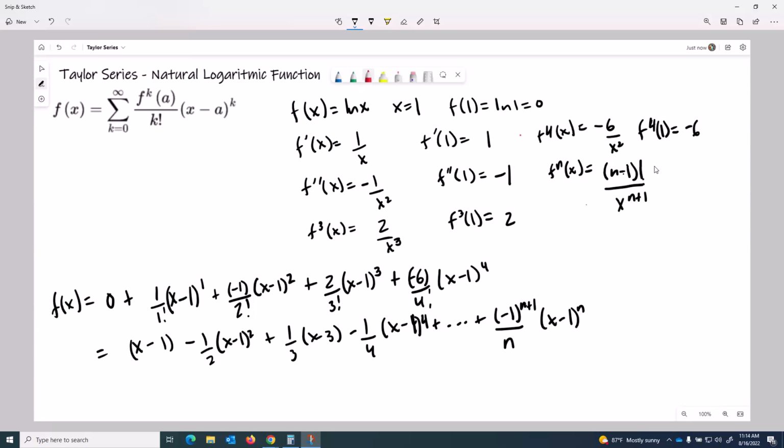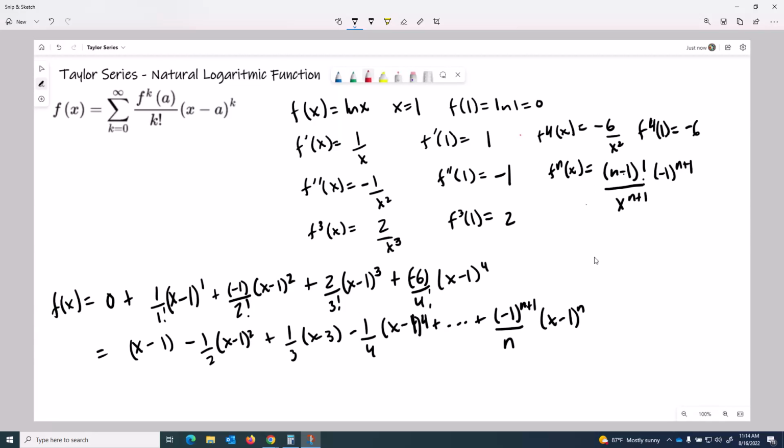But you also need to consider the sign of the nth derivative, which in this case would be negative 1. When I plug in 2, I need to get that it's negative. So that'll work if we use negative 1 to the n plus 1.